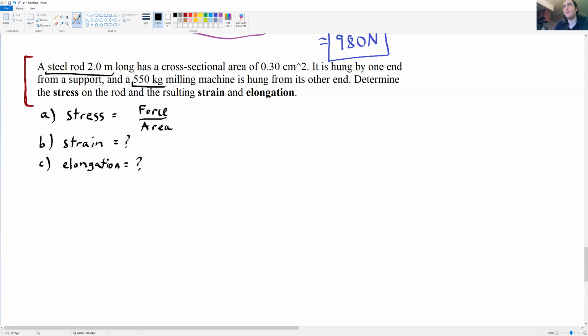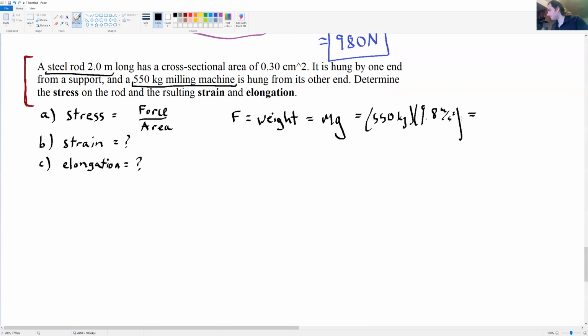So the force here is equal to the weight of that milling machine, and that weight is m times g. So 550 kilograms times 9.8 meters per second squared, right? That's going to give us units of newtons. And the answer we get for this is 5,390.